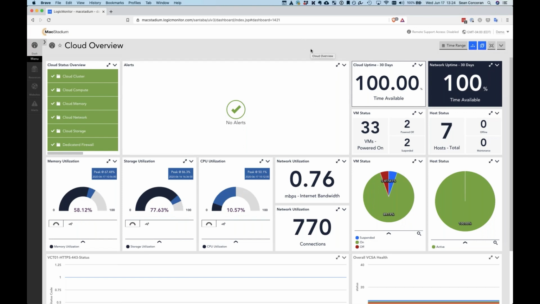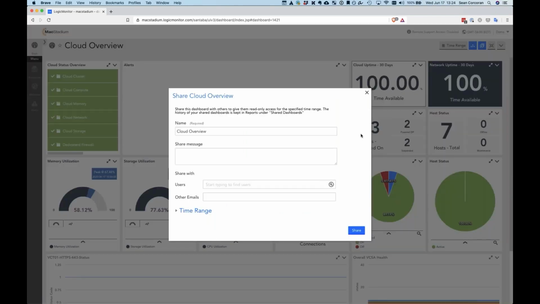One really cool tool that I like to show customers and that I think resonates with them is the ability to just share this dashboard out to anybody on the team, whether it's a coworker or a manager who's curious about how the infrastructure is performing. This is a great feature to demonstrate.